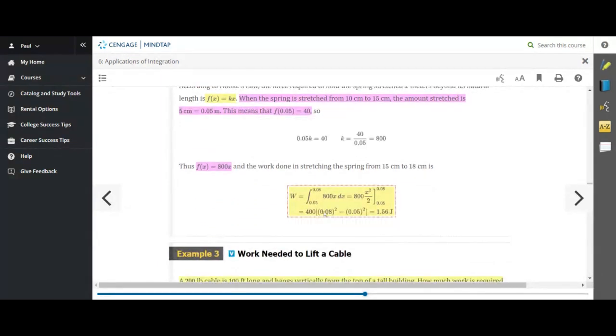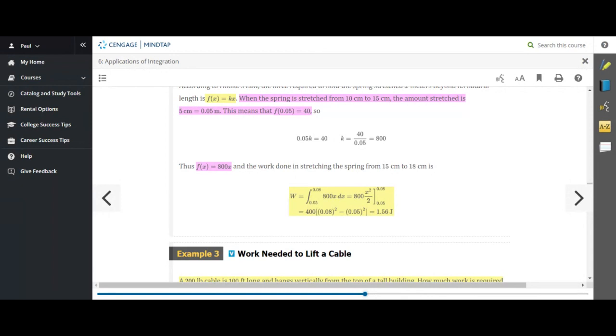The work here, it's highlighted right here. It's the integral from 0.05 to 0.08 of 800x dx. So it's the integral of the force function. We found that K is 800, so the force function is 800 times x.